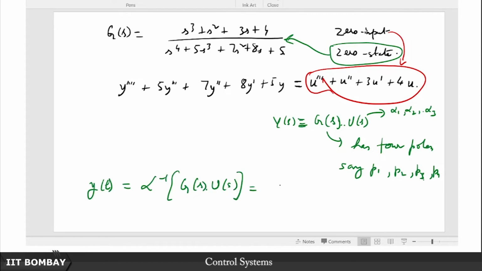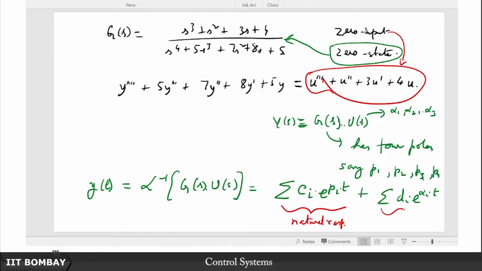So if you write this, you will see that it will come as 2 parts: summation c_i e to the power p_i t plus summation d_i e to the power alpha_i t, okay? And this is where we distinguish between something called, so this is the so called natural response of the system, and this is the forced response of the system.